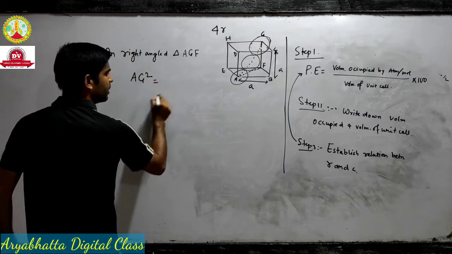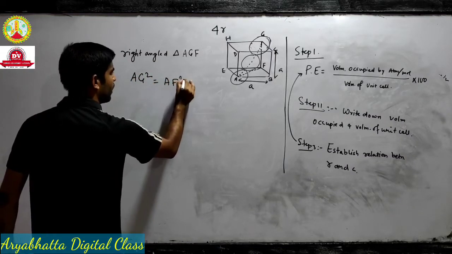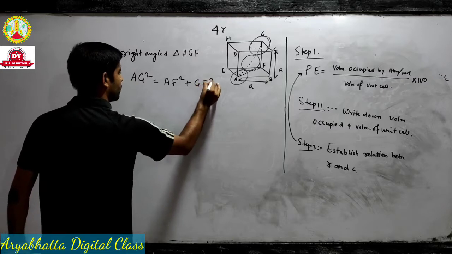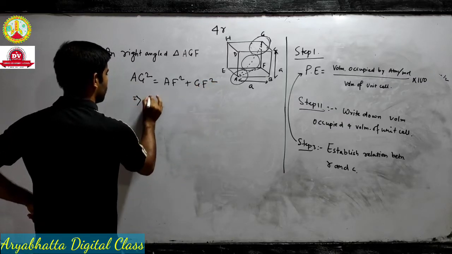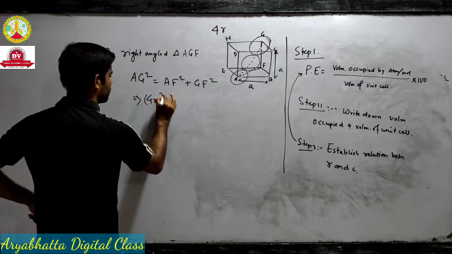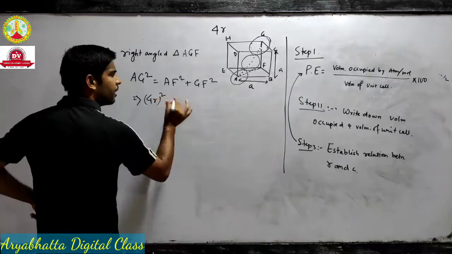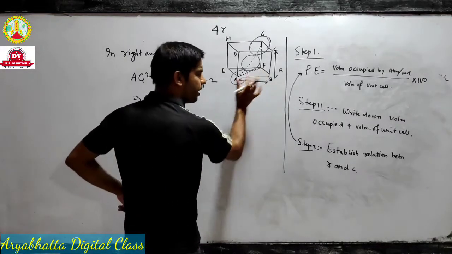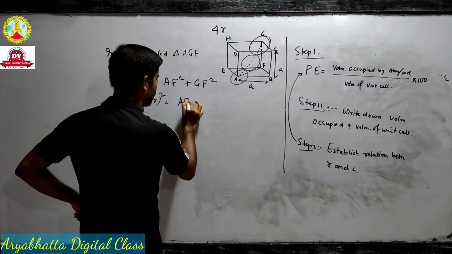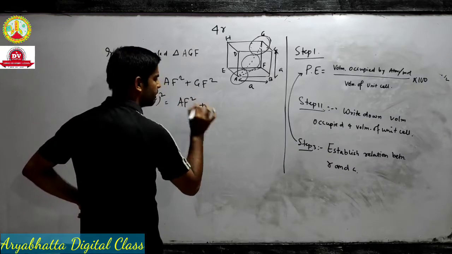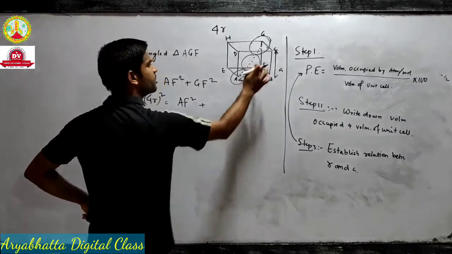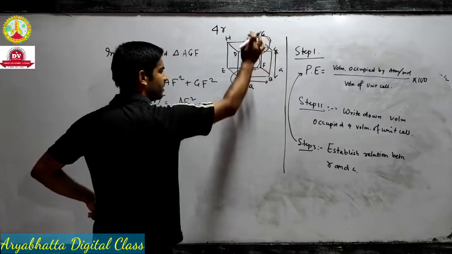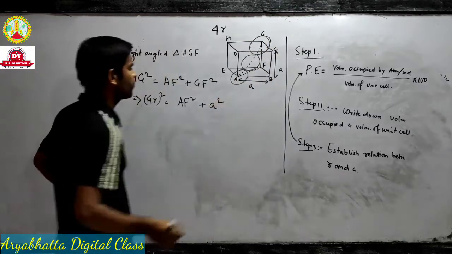AG square will be equal to AF square plus GF square. Now AG is 4R, so this is 4R square. Unfortunately, we don't know AF square yet, and GF is the edge length of the cube, so GF square will be A square.